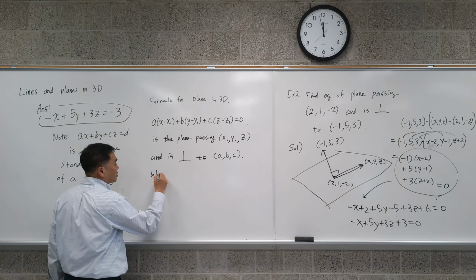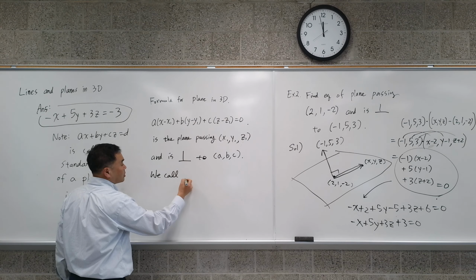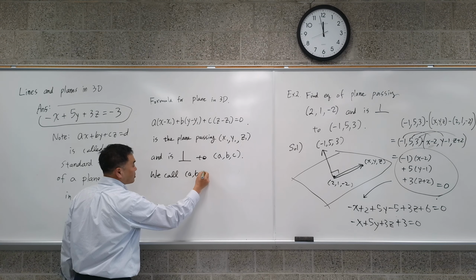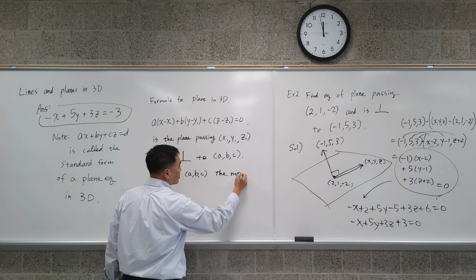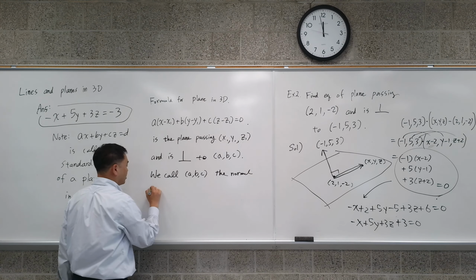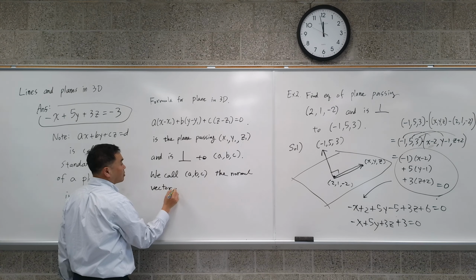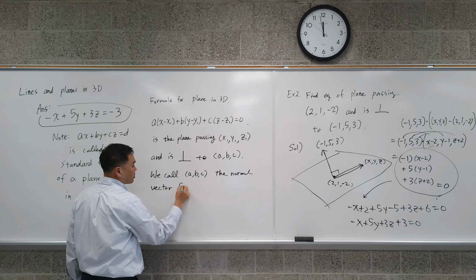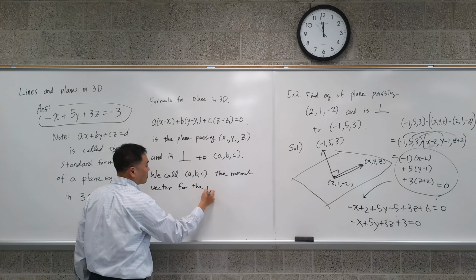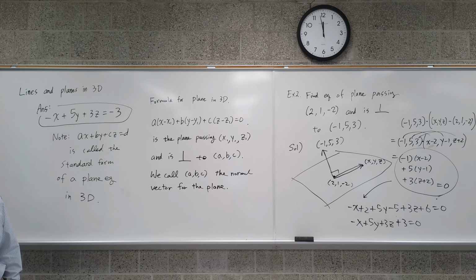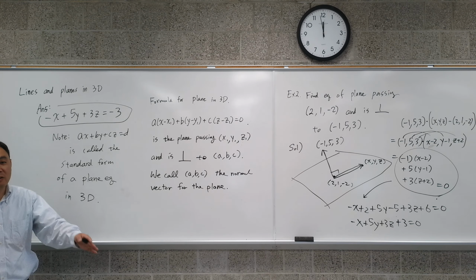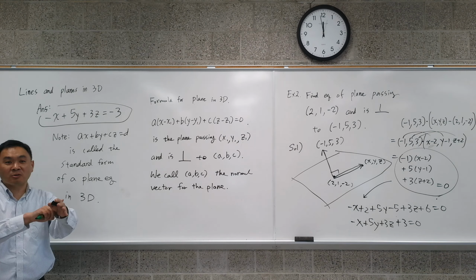We call A, B, C the normal vector for the plane. Now this is slightly wrong, because if you have a plane, there are so many different normal vectors, right?